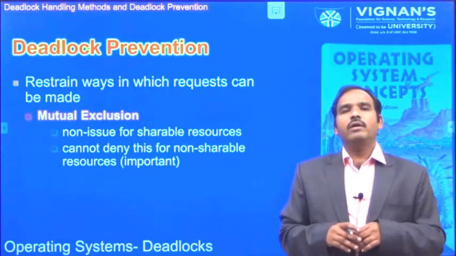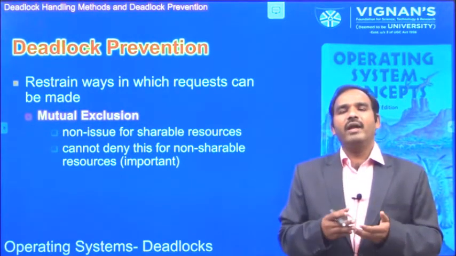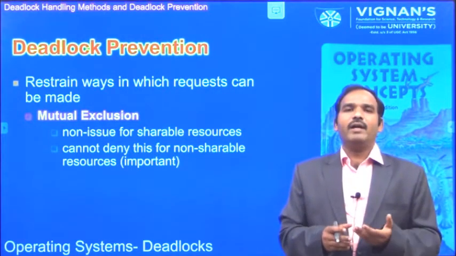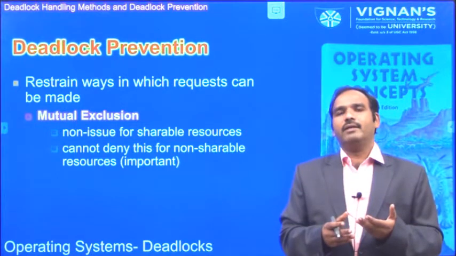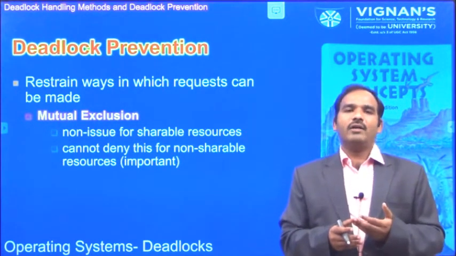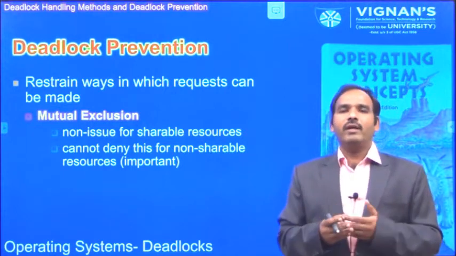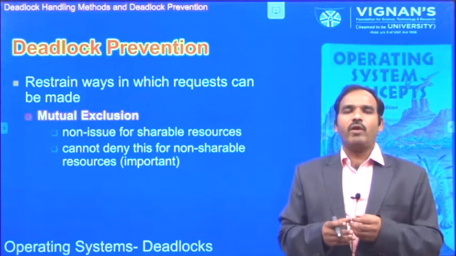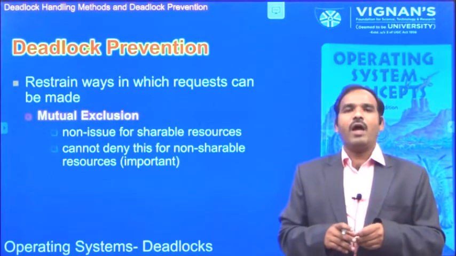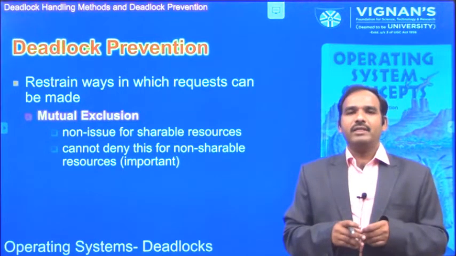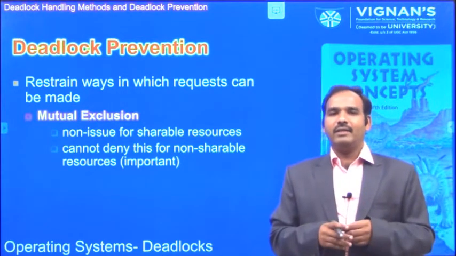If you eliminate mutual exclusion from the operating system, it may create a lot of problems. We cannot provide process synchronization. If there is no process synchronization for non-shareable resources, it definitely leads to race condition or data inconsistency.